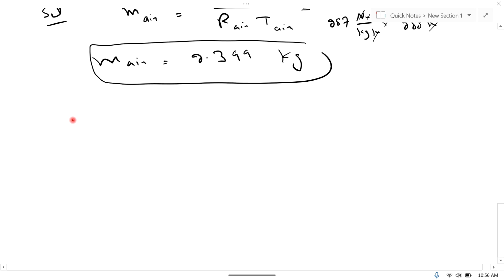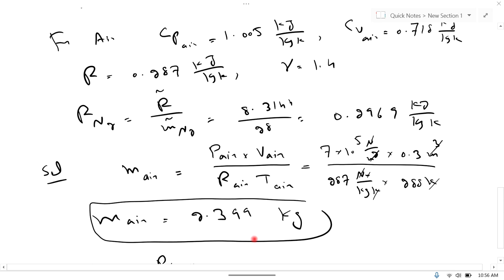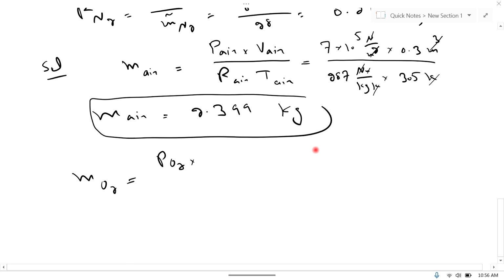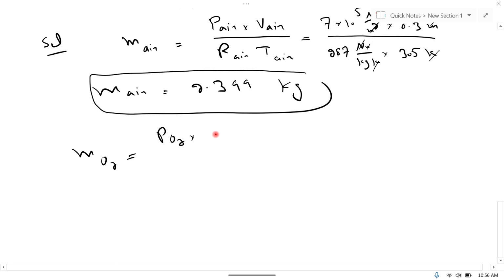Similarly, the mass of oxygen is pressure of oxygen multiplied by volume of oxygen divided by R of oxygen and temperature of oxygen.